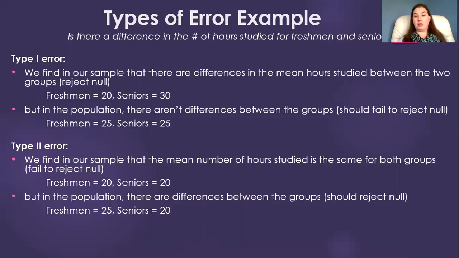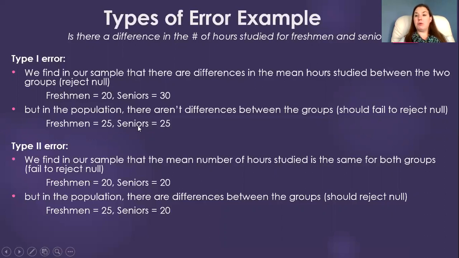But really, we just happened to sample more seniors who are high achievers and study a lot. In the population, there aren't actually differences between the groups, and we should have failed to reject the null if our study was done properly, or if we didn't by chance just happen to have more of the high-studying seniors, because in the population there's actually not a difference in the mean hours studied for freshmen and seniors.